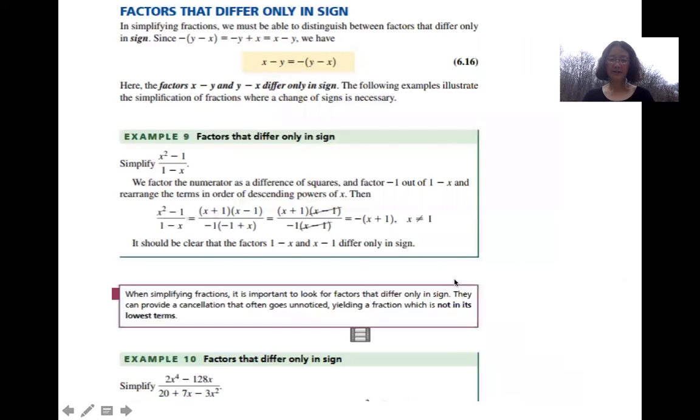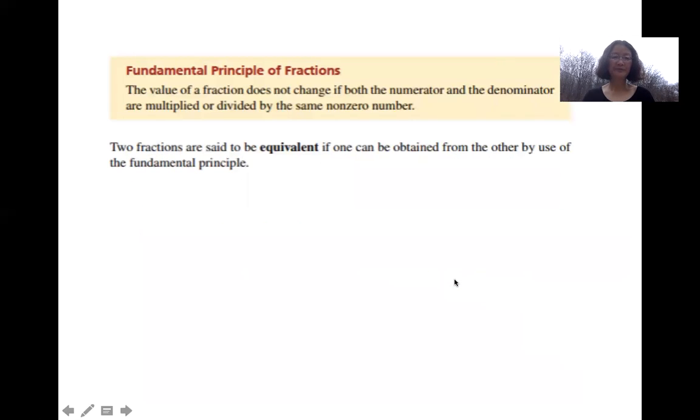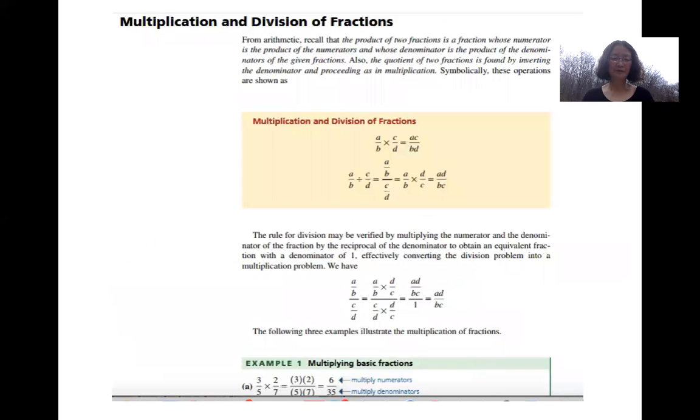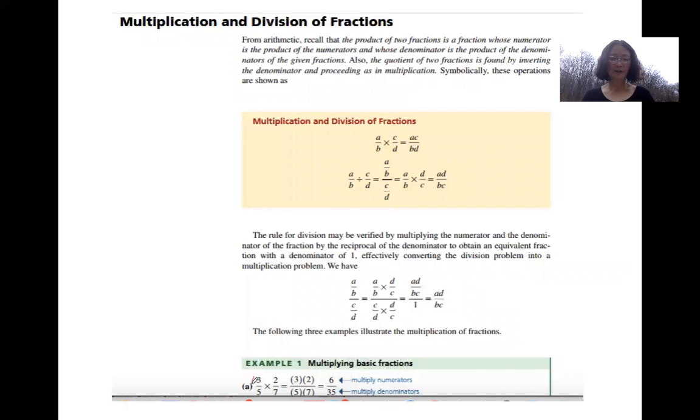Let's look at an example over here. 3 over 5 multiplied by 2 over 7. So numerator 3 multiplied by numerator 2, denominator 5 multiplied by denominator 7, and you get 6 over 35.